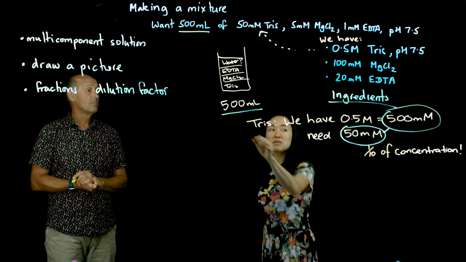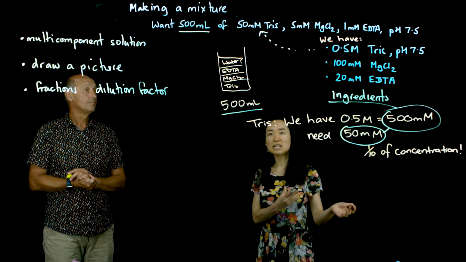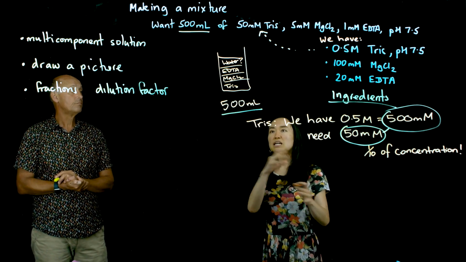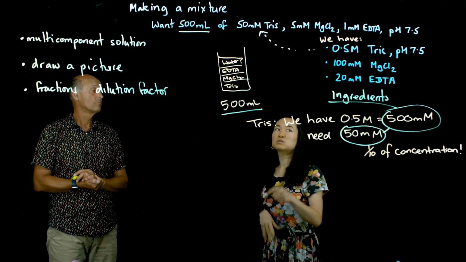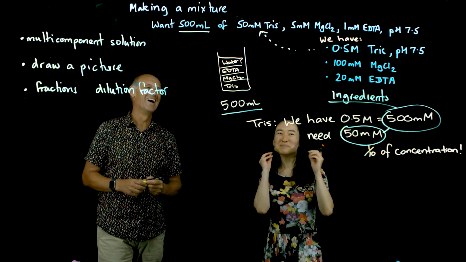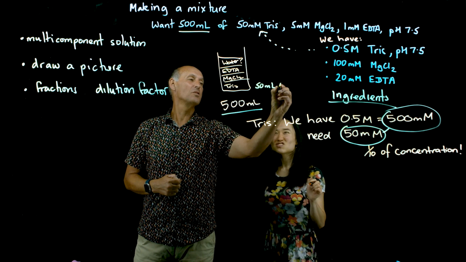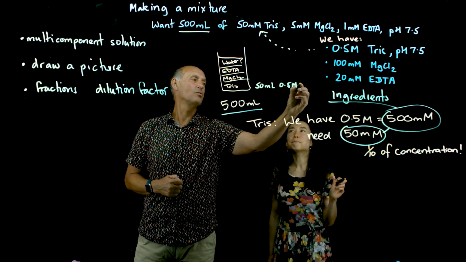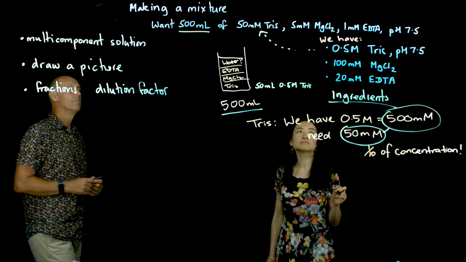So if the final is 500 mils, we need a tenth. If we want a dilution factor of 10, then to add to a total volume of 500, we'd have 1/10 of that, which is 50 milliliters. So we'll take 50 mils of 0.5 molar Tris to get what we need here.